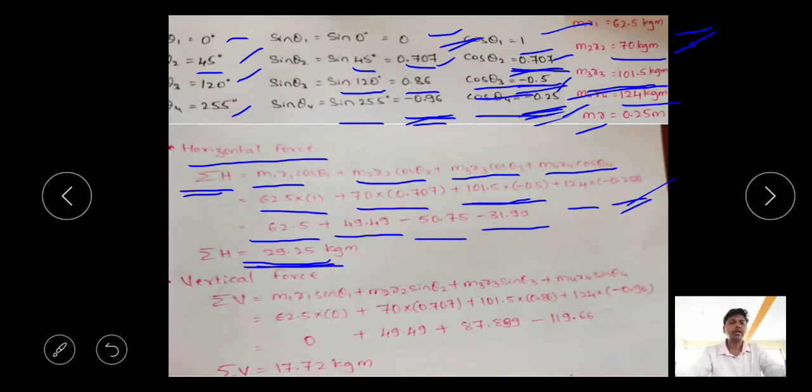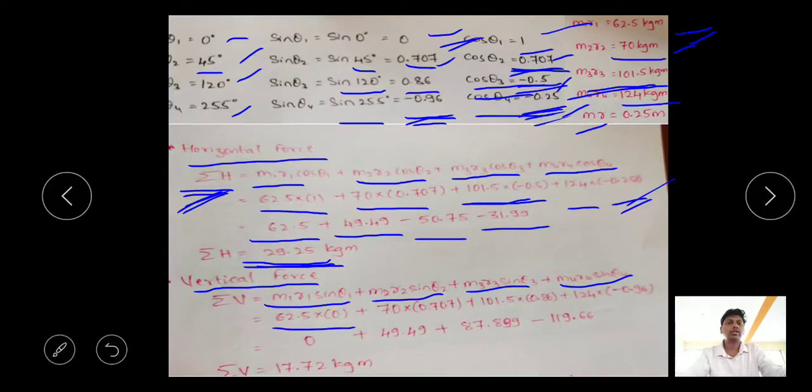Similarly for vertical force, wherever cos theta is there, you replace with sin theta: M1 R1 sin theta 1, M2 R2 sin theta 2, M3 R3 sin theta 3, M4 R4 sin theta 4. Now M1 R1 is 62.5 into sin 0, which is 0.